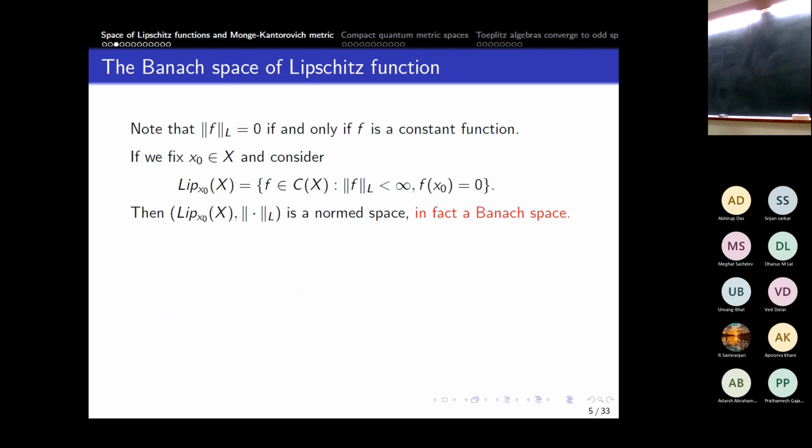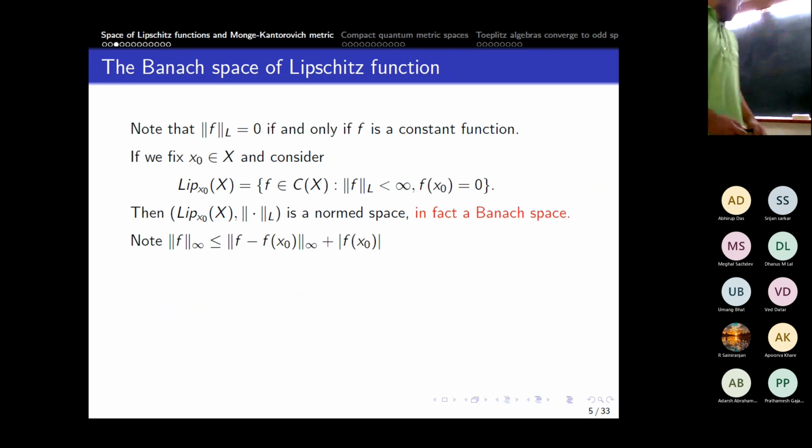I'll give you an overview of how we prove it's a Banach space. Let's see this inequality, where the infinity norm is the sup norm. We can subtract f(x naught) and add |f(x naught)|.